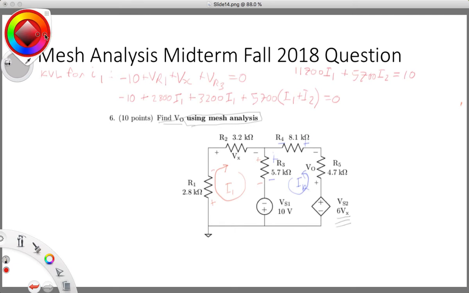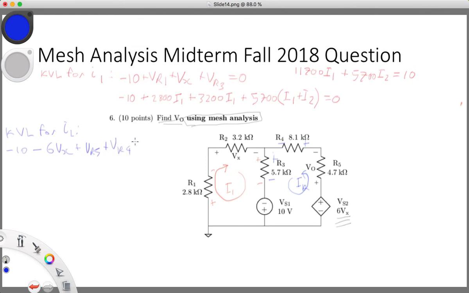So now let's go change color, and we'll look at the KVL for I2. And we're going around this way, so I'll start again down here with minus 10, minus 6 Vx, right, plus VR5, plus VR4, plus VR3 equals 0. So it's minus 10 minus 6 times Vx.